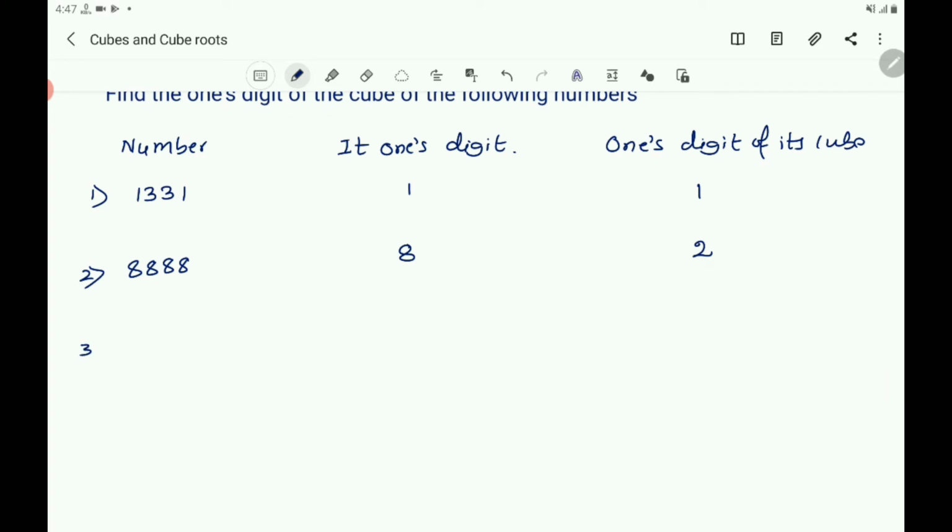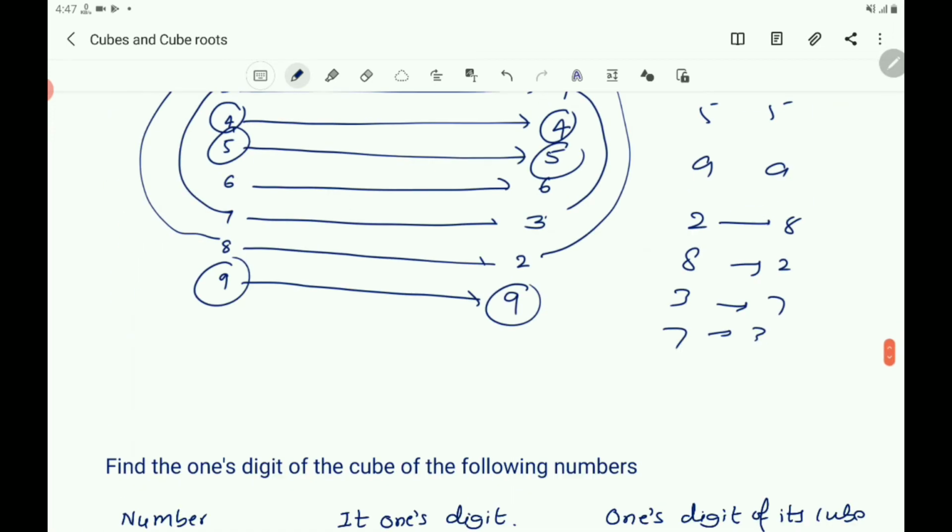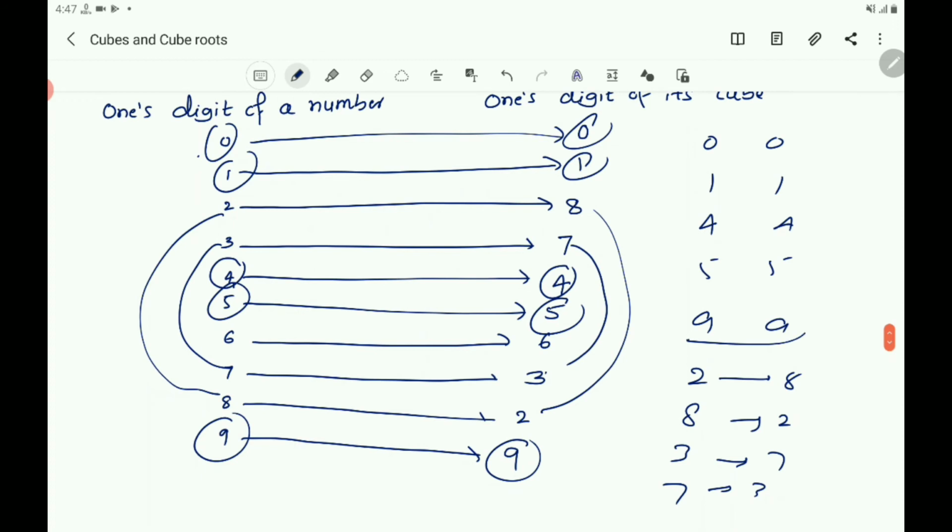Next you take the third one, 149. Its ones digit is 9 and its cube also has 9 in the ones place. The ones digit of the cube of 149 is also 9. Here you got it. For 9 it is 9.